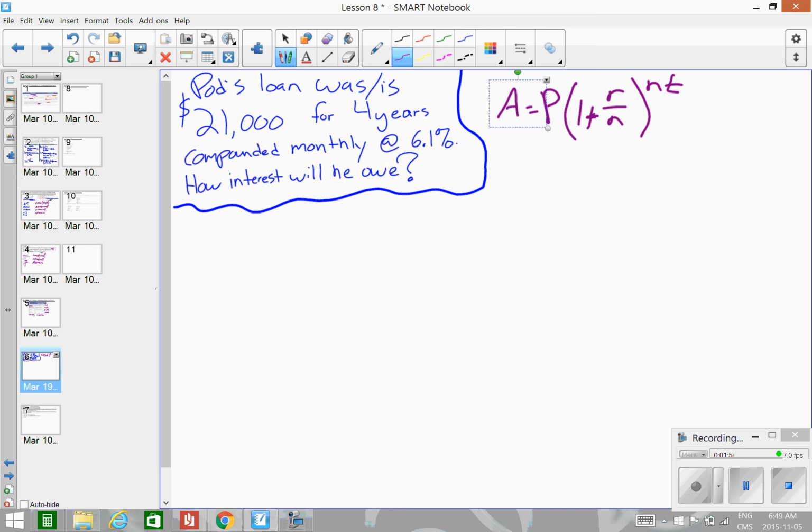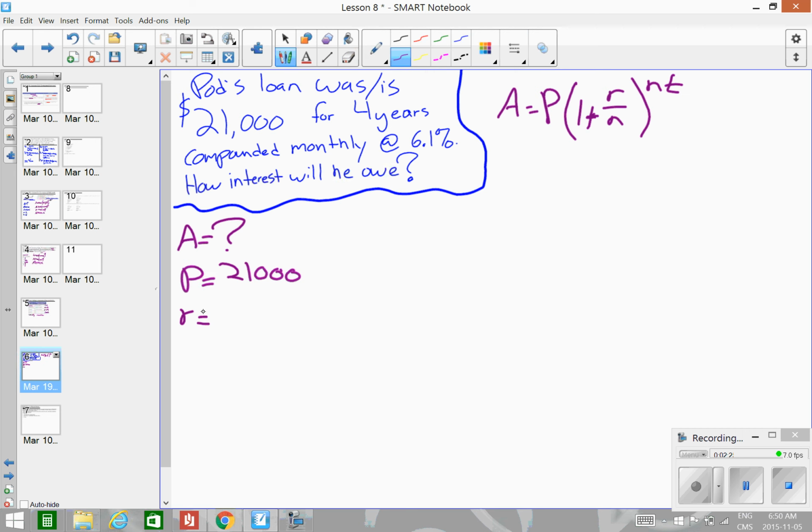Let's write down what we know. A, that would be the final amount I will owe. I don't know that. That's what I'm looking for, or one of the things I'm looking for. The principal is how much my loan started for. That was $21,000. The interest rate was 6.1%, but we need that as a decimal.